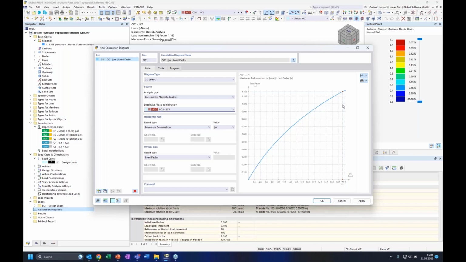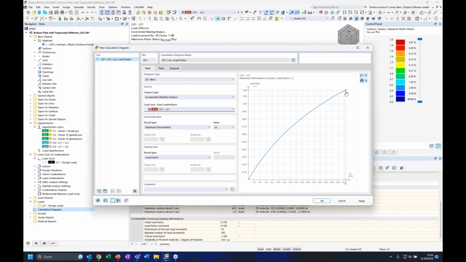So that's an inherent problem because we have performed this GMNIA, or we have set it up in such a way that we increase the load factor. So the standard solver, Newton-Raphson, is not able to in one step go back and decrease the load factor again. So the descending portion of the load deformation curve cannot be derived under these circumstances.